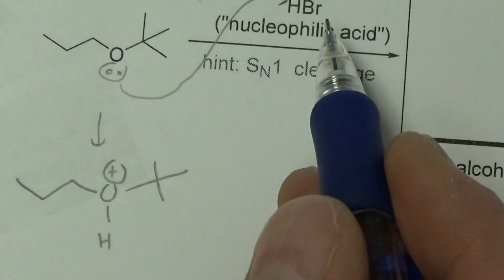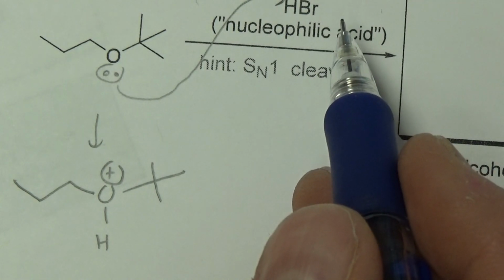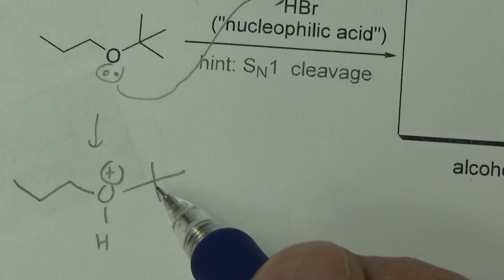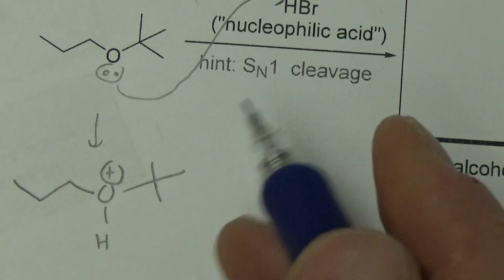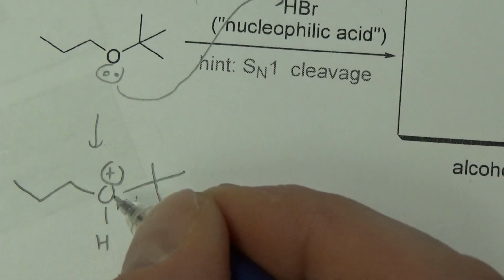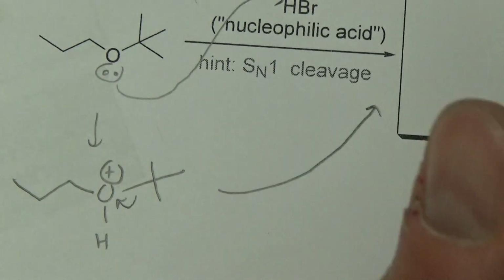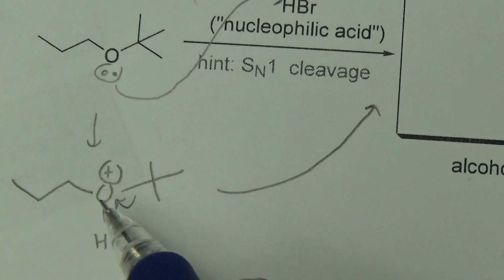Does the nucleophilic Br just go attack? No, it doesn't. What actually happens now is we have a tertiary carbon with a good leaving group. That is a leaving group, and the leaving group leaves. So the leaving group falls off, and that makes the alcohol. How many carbons are on the alcohol? 3 carbons.